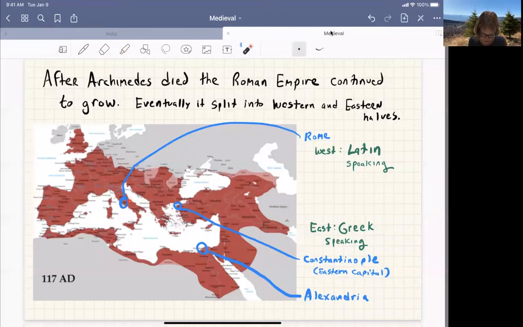So Rome is over here, and that's part of the Western Roman Empire. Basically over here is the Latin-speaking part of the Roman Empire. Meanwhile, the East is Greek-speaking. So the Eastern capital was Constantinople. Here's Alexandria. And so this is all part of the Eastern Roman Empire.